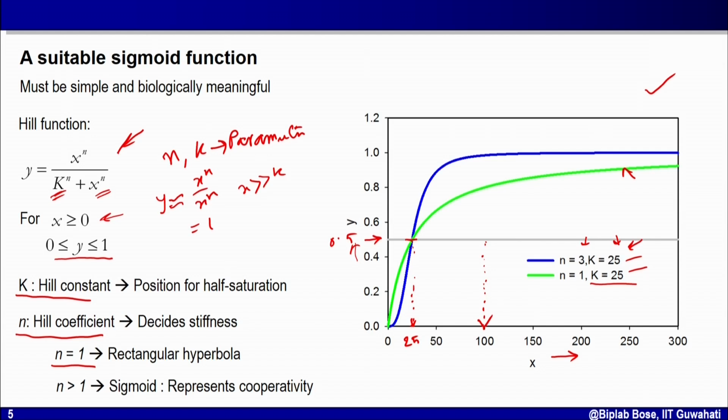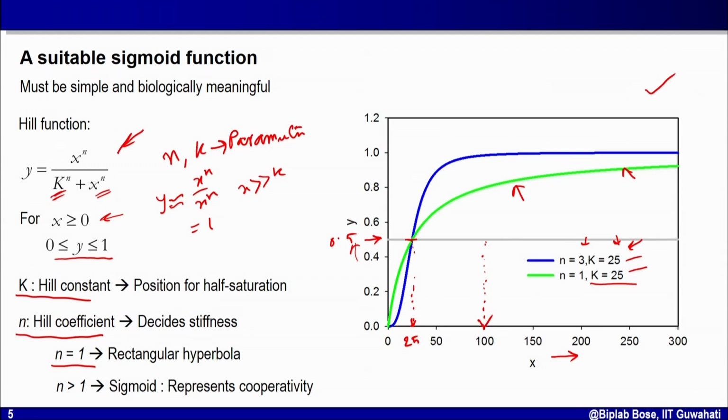So I have reduced the Hill coefficient to 1, and you can see the curve has lost its sigmoid behavior and it has become a rectangular hyperbola. In fact, it will be like that as long as you have n equal to 1, and if you have n greater than 1, then I start getting this sigmoidal behavior.